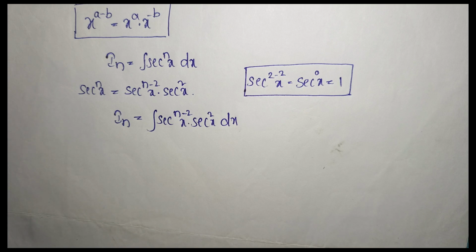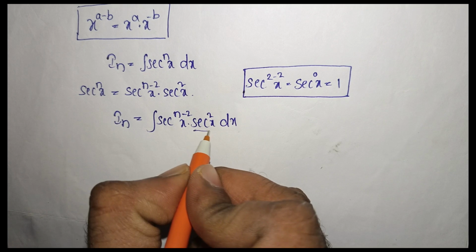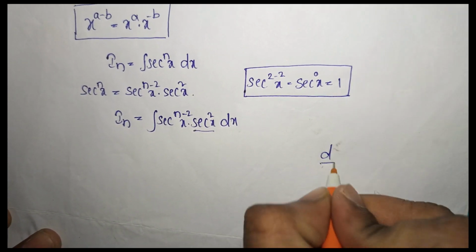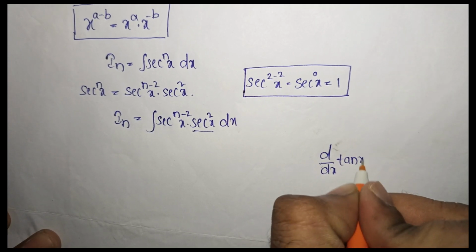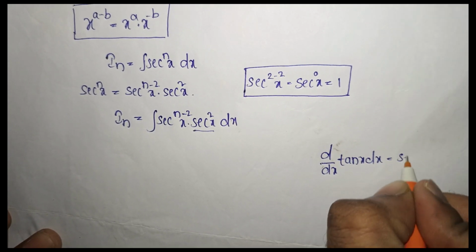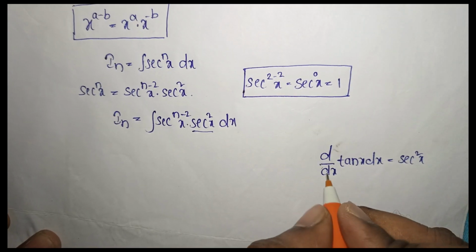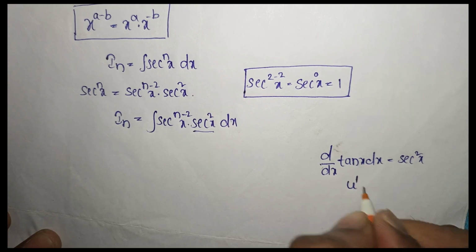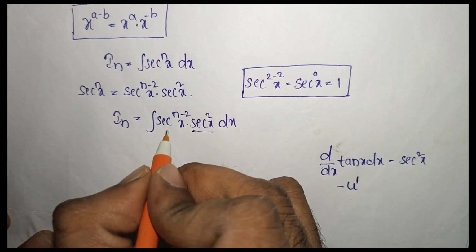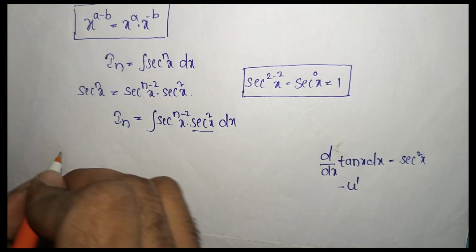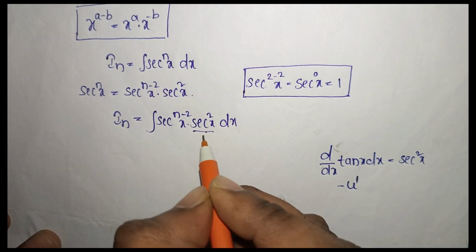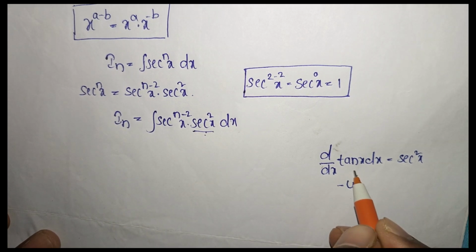If you keenly observe, you may notice that secant square x is the derivative of tan x. d by dx of tan x is nothing but secant square x. So this is in the form of u v dash, because secant square x is the derivative of tan x.